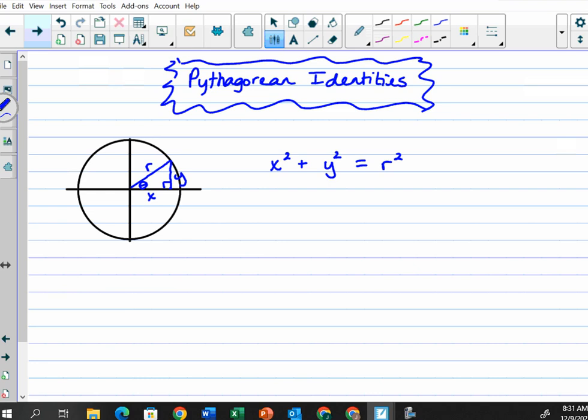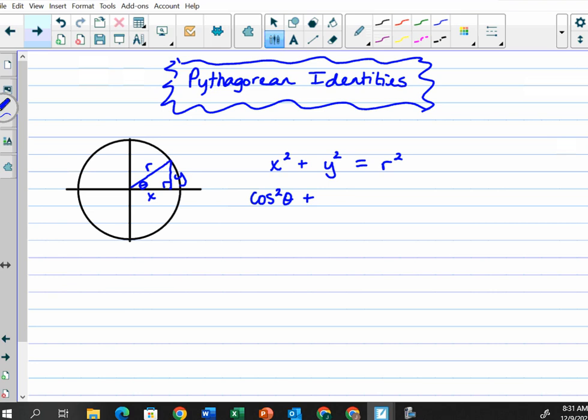Okay, guys, with your trig stuff that we did, think back to the unit circle. What did x represent? Cosine. Okay, so x squared is going to be cosine squared.